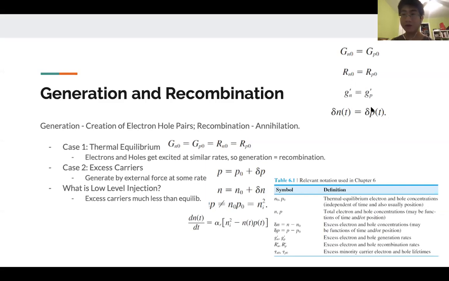And also the amount of excess holes caused by generation is equal to the amount of excess electrons caused by generation. Because if everyone here had an evil twin, and there are 11 people here, then there'd also be 11 evil twins. So if there are 11 excess holes, there are also 11 excess electrons.